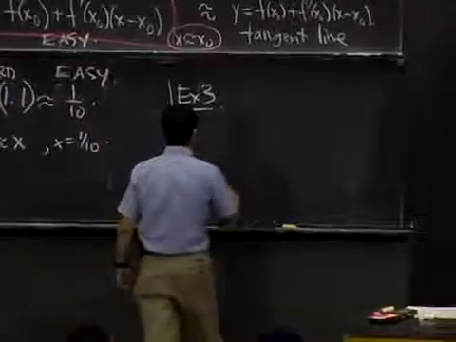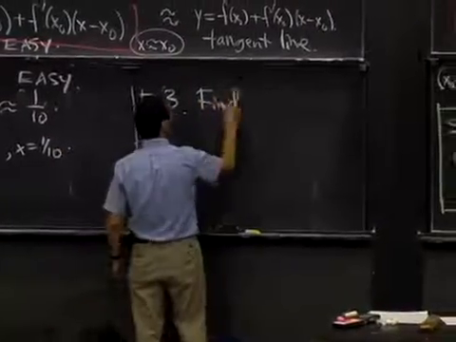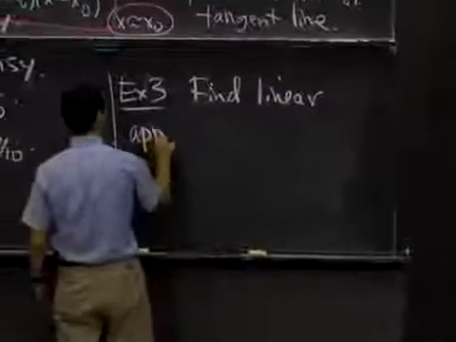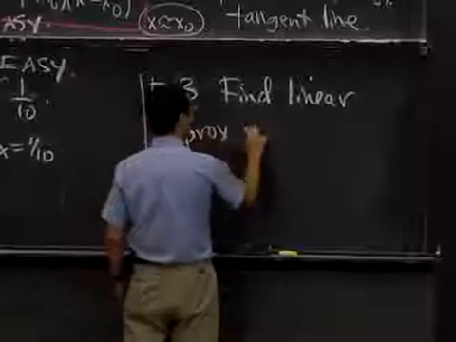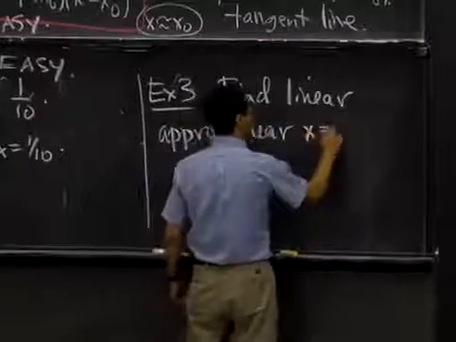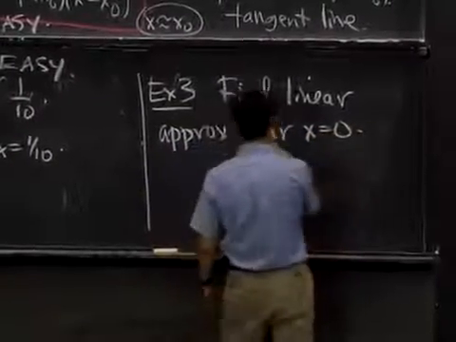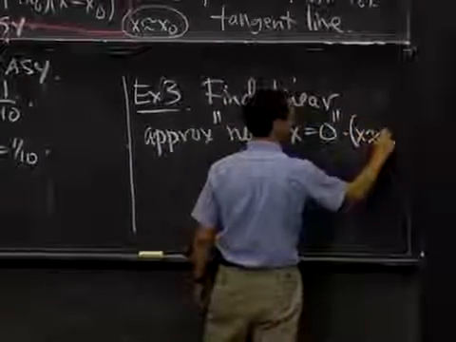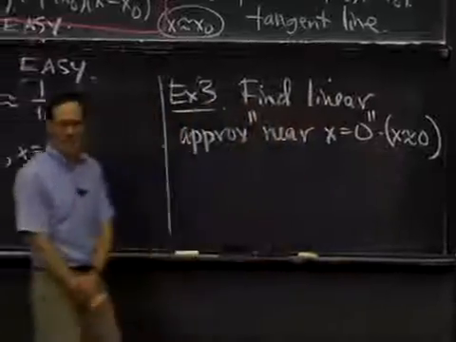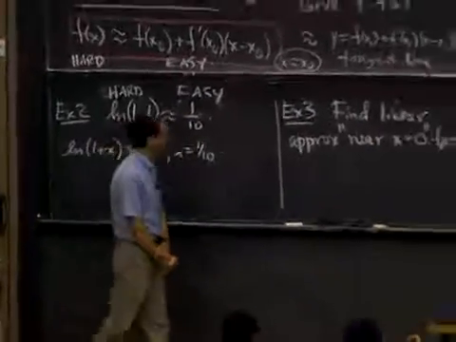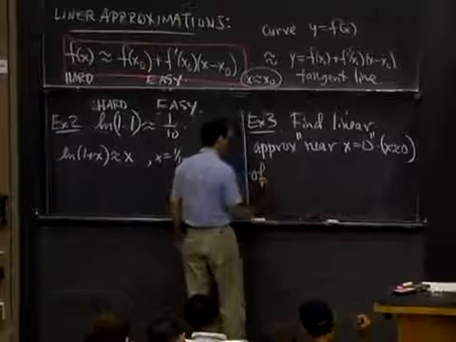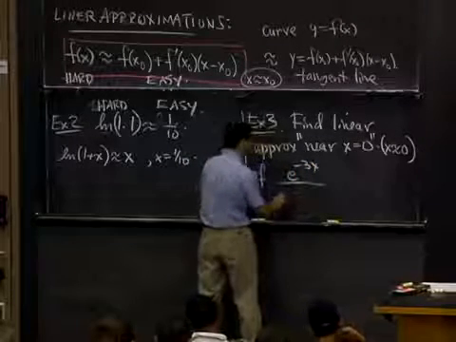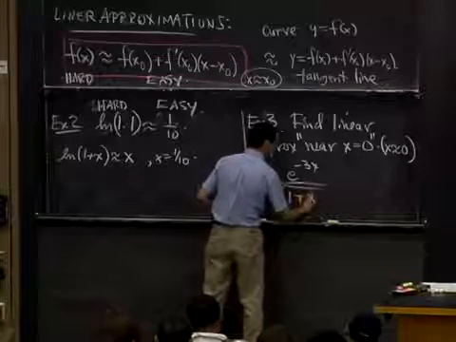I want to find the linear approximation near x equals 0. When I write this expression near x equals 0, that's the same thing as saying x is approximately 0, of the function e to the minus 3x divided by square root 1 plus x.